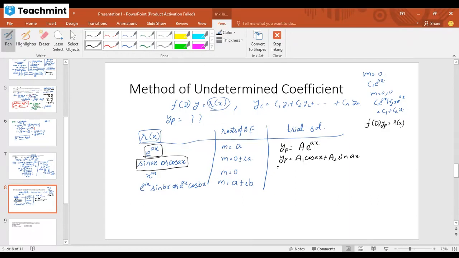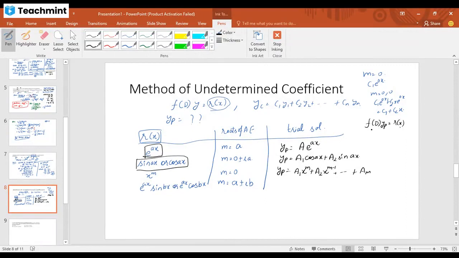Now, the next one is if we have an algebraic function like x power m. X power m may be x square, or x square plus x plus 1, a polynomial kind of function. In that case, our trial solution will be a polynomial function of the same degree: A1 x power m plus A2 x power m minus 1, and so on up to Am. Why? Because again, your left hand side contains the function and its derivatives.